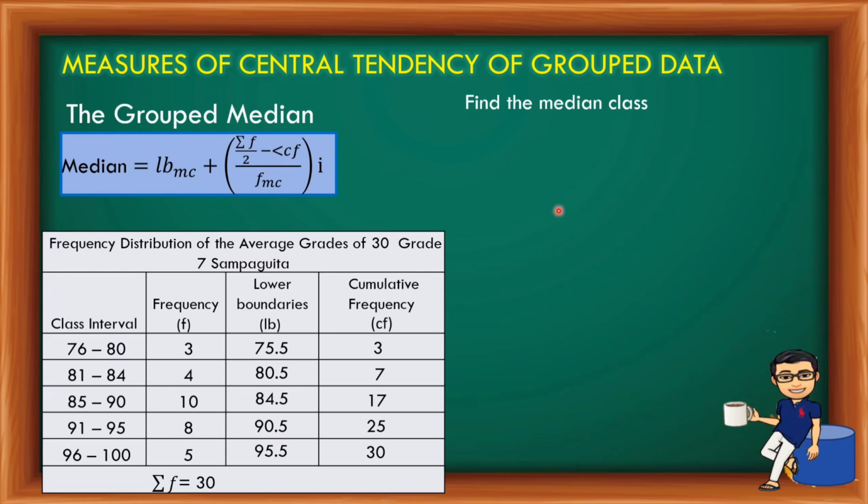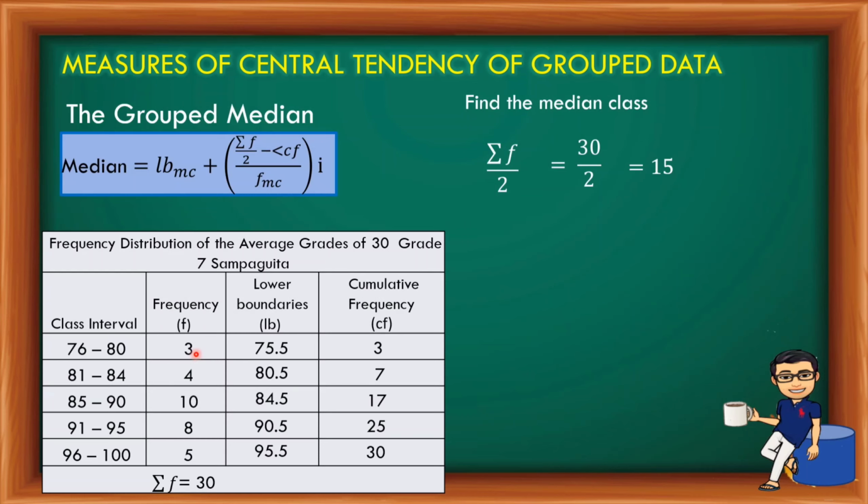Lagyan natin dito. Ang summation of f natin ay 30. So, that will be 30 divide 2. Pinalitan natin ng 30 because that's the given. Divide 2 and that will be equal to 15. So, ibig sabihin, yung nasa pang 15 na position, yun yung ating magiging median class.